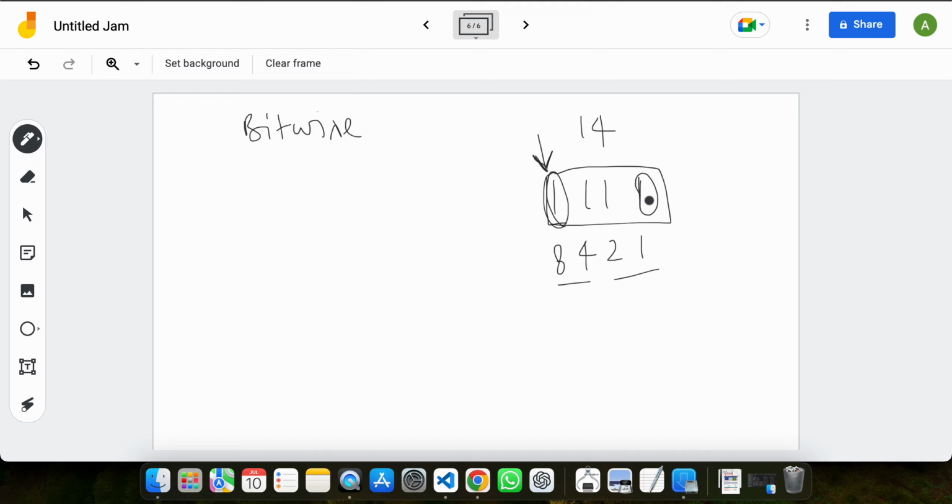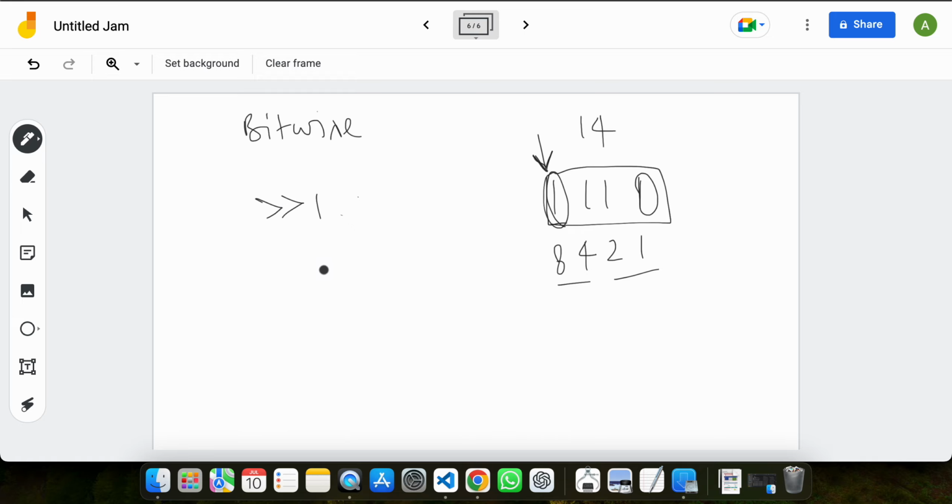So I will need a minimum of 4 bits to represent this number. I will count by simply using the shift operator. I will shift all the bits one by one. I will use right shift by 1.